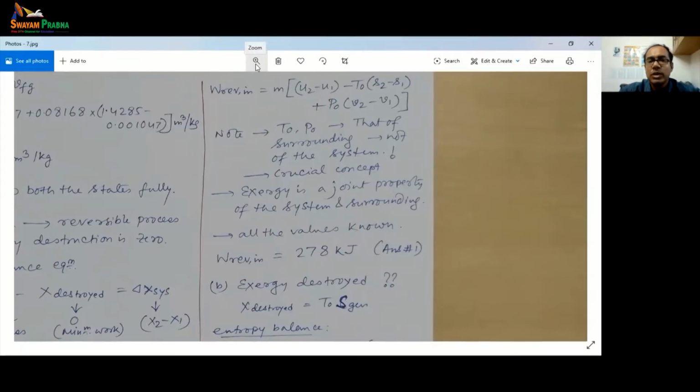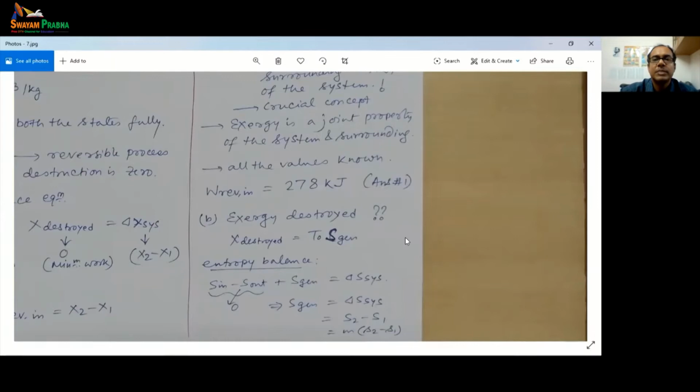The actual work we are putting in is 1400 kilojoule, and the minimum work we require, if the process is reversible and idealistic, is less than 300 kilojoule. So the sense of perspective is very important: how much work we are losing to irreversibility. And that's the second portion of the problem.